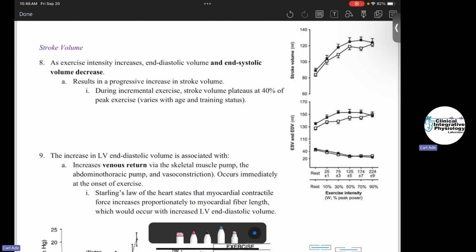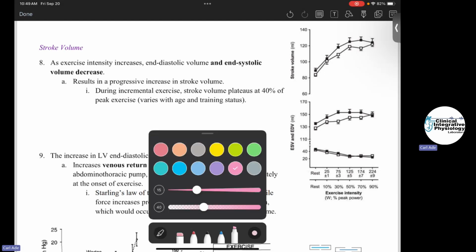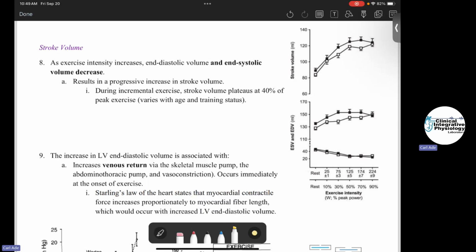The other side of our equation for cardiac output is stroke volume. So how does it respond to exercise and aging? As you recall from previous classes, we get an increase in stroke volume with exercise. So here's stroke volume as a function of exercise intensity, and we get this nice increase.